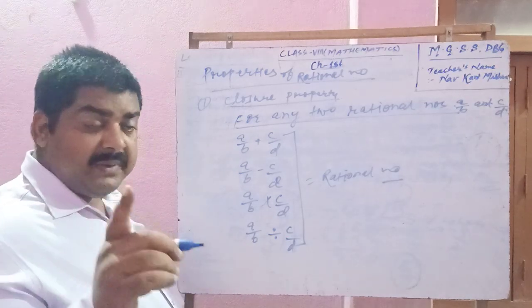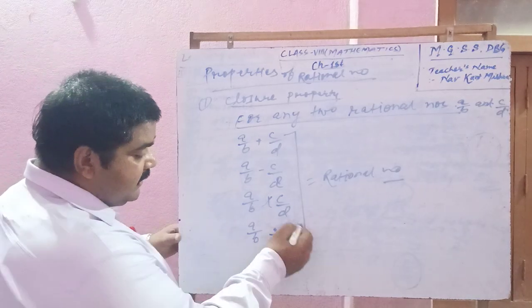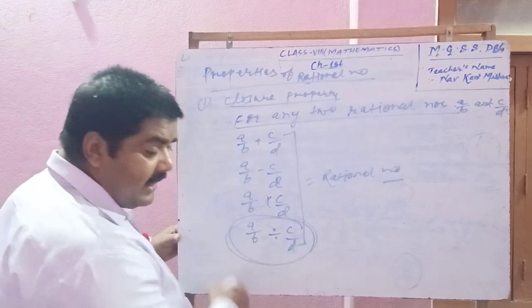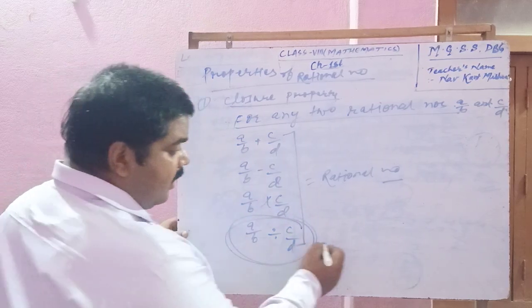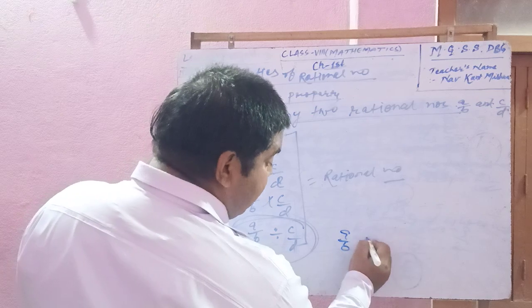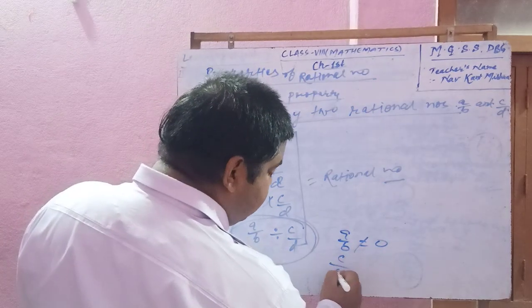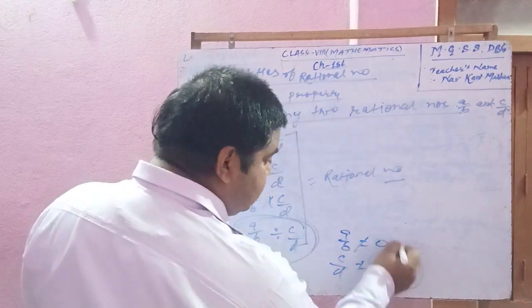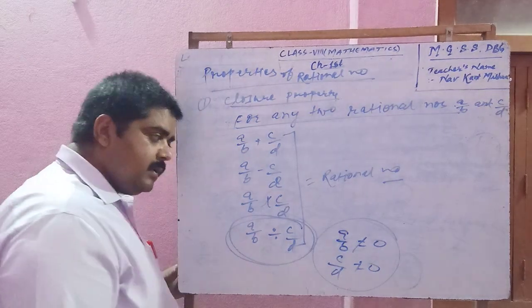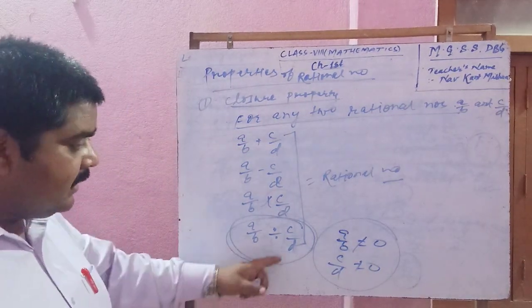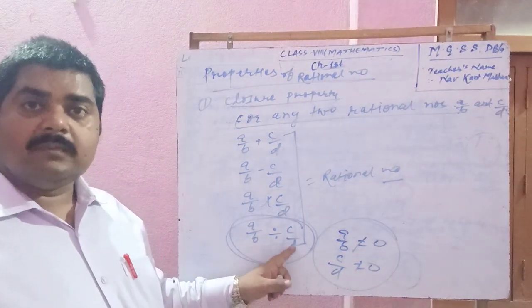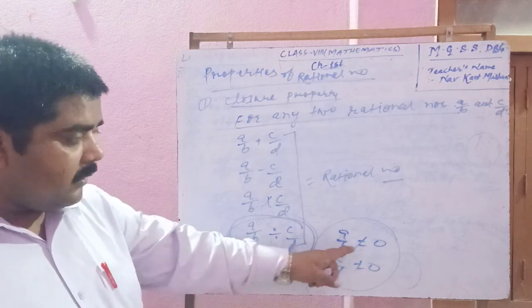But you have to pay attention that in the case of division, a upon b cannot be equal to 0 or c upon d cannot be equal to 0, because this is the special case and it is not closed for 0.